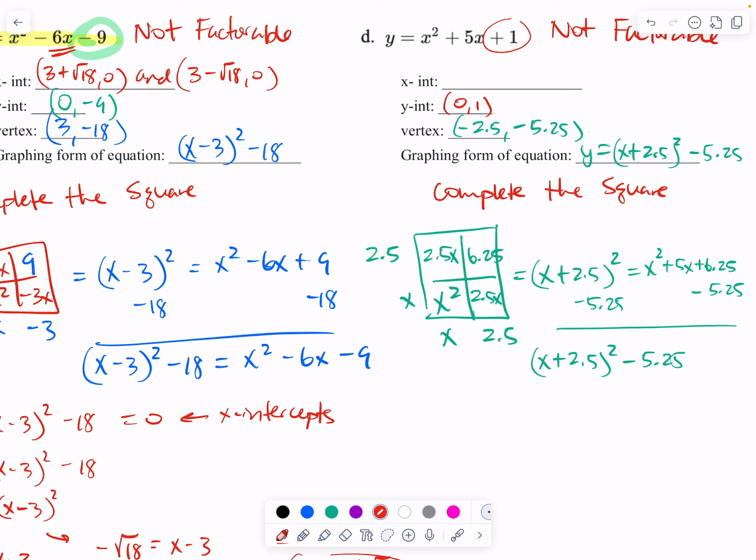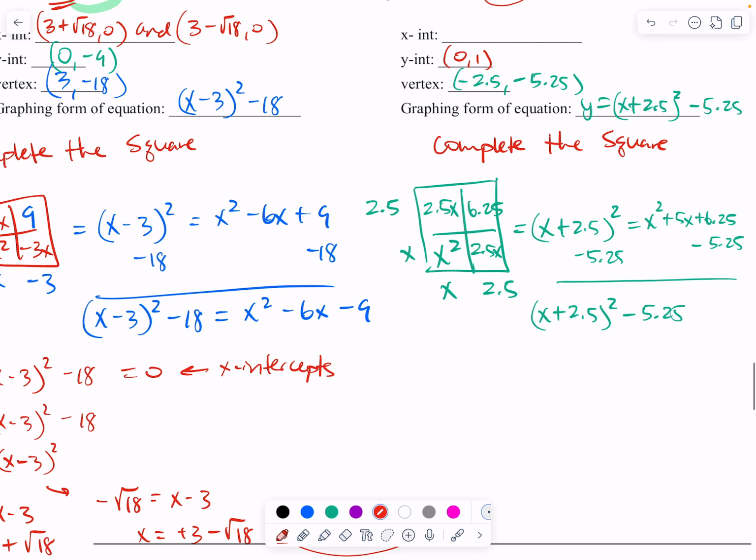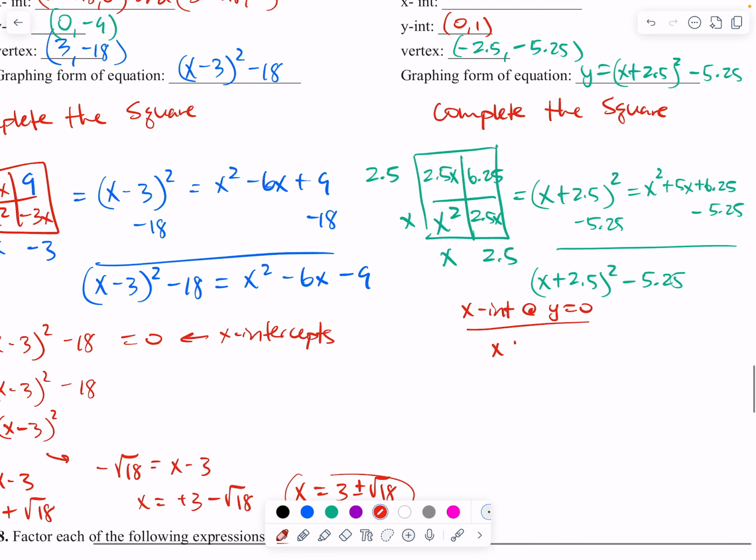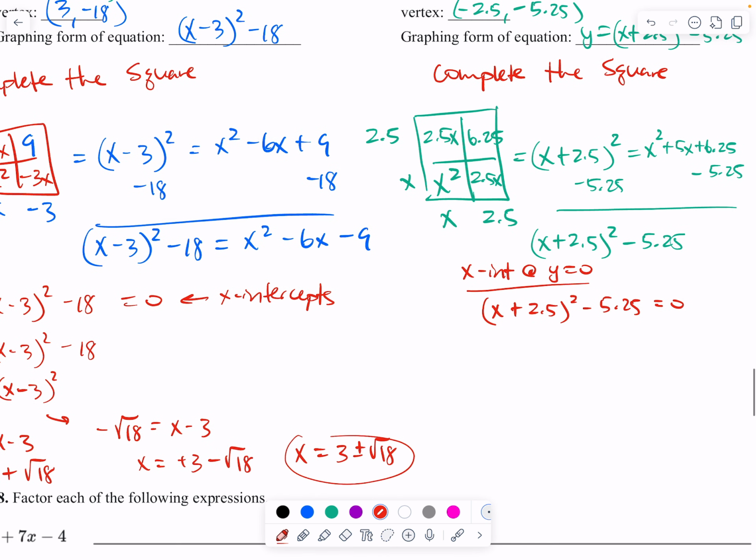And then my x-intercepts. If I want to get x-intercepts at y equals 0, this is going to be x plus 2.5 squared minus 5.25 equals 0. And I'm going to solve. So this means that x plus 2.5 squared is equal to 5.25. Take the square root of both sides.